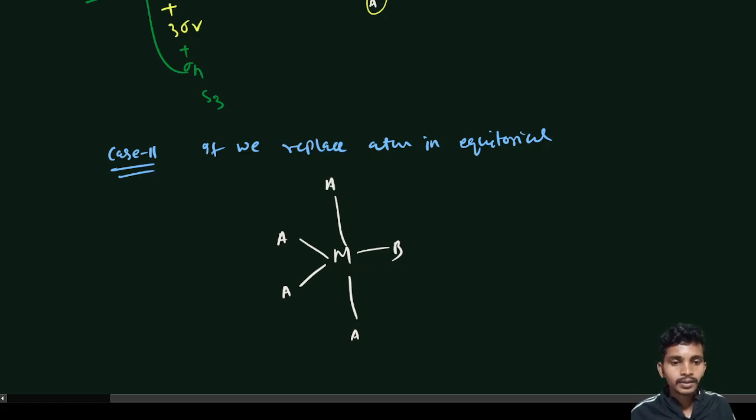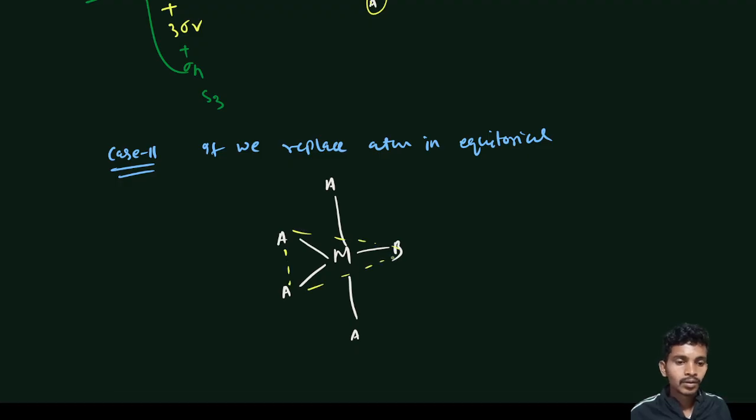So in this case, we see that the C3 axis is not present. But if you look, sigma is present.